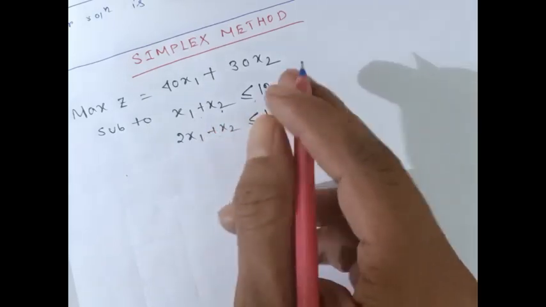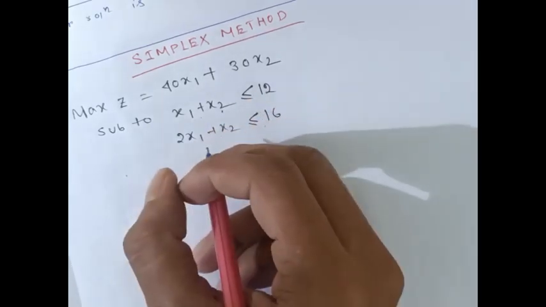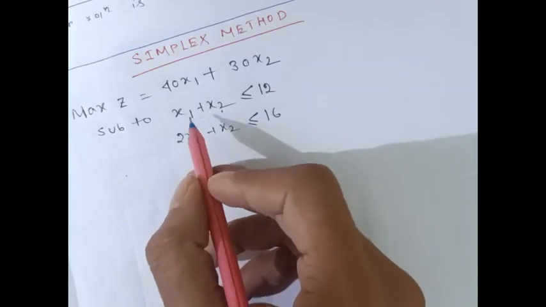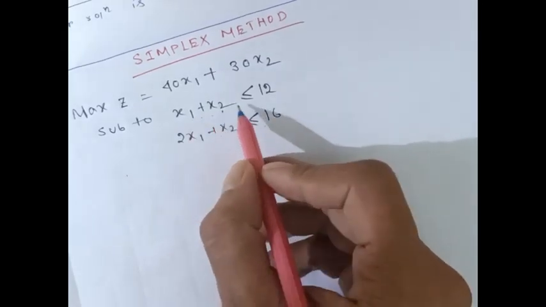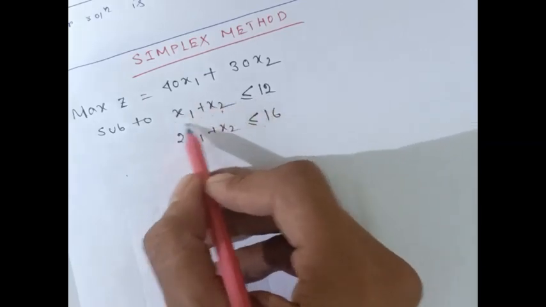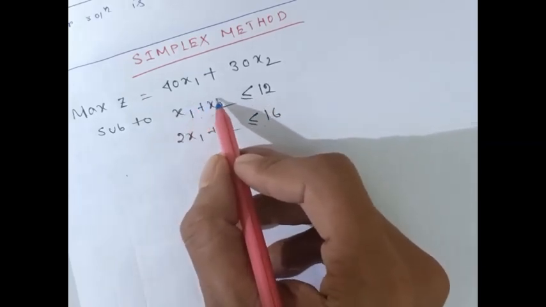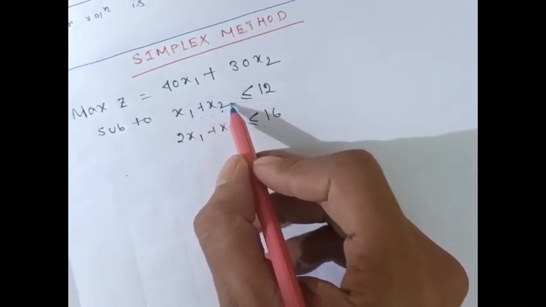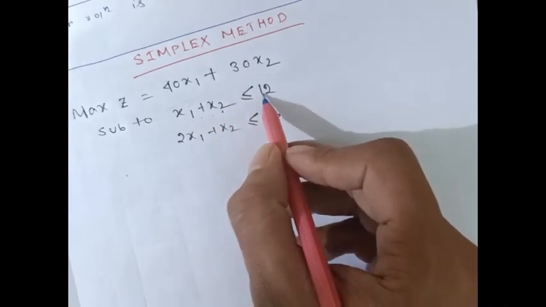So here we have to introduce slack variables, because x1 plus x2 is less than or equal to 12. That means 12 is greater than this, so we have to add something here to equate with 12.